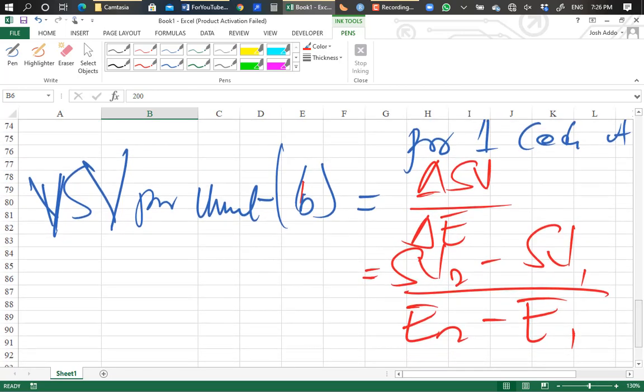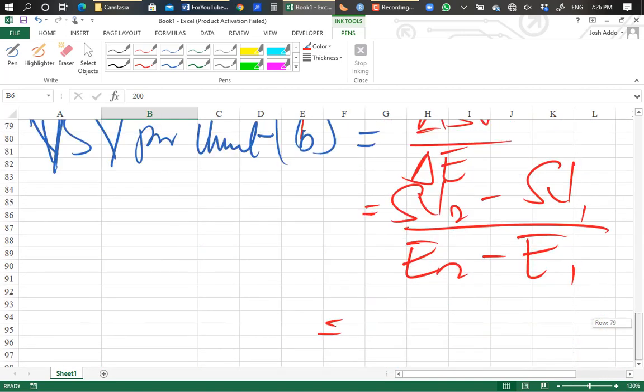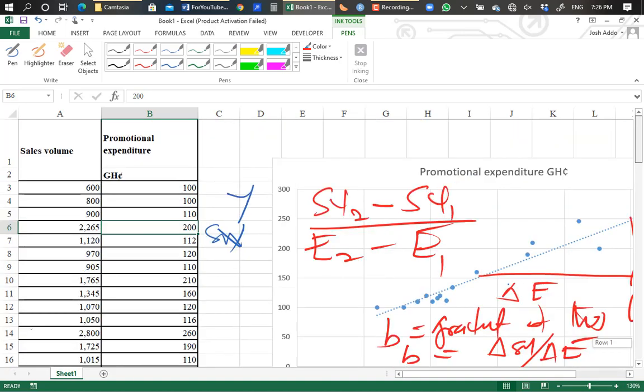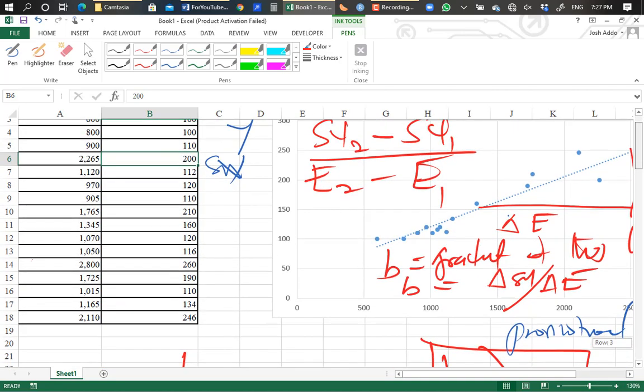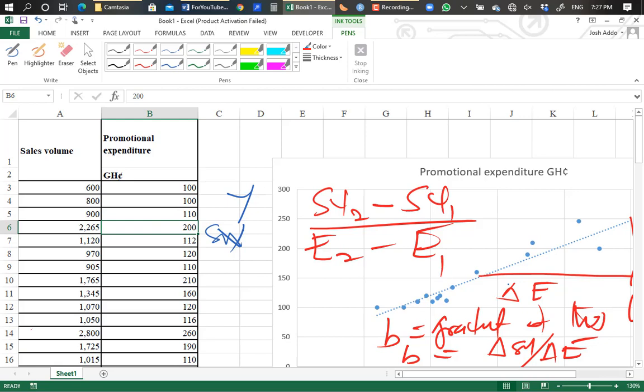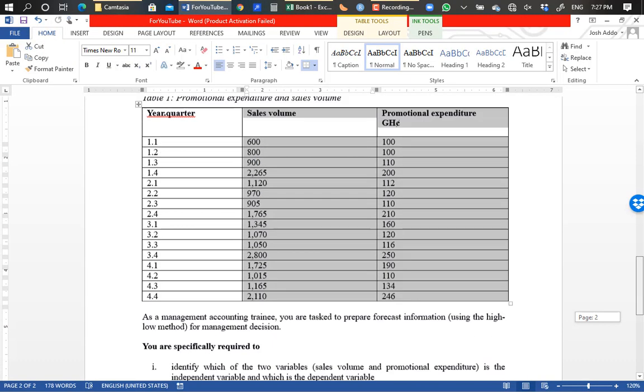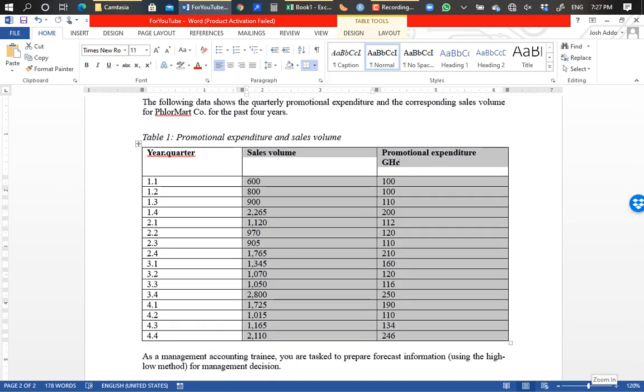The biggest volume or the biggest activity, or the highest SV2 is, let's go through the table here, or maybe let me refer to this one. This is better.